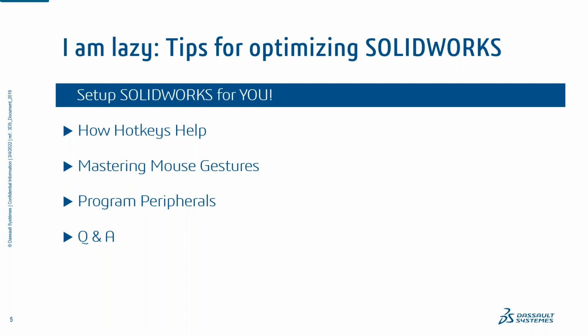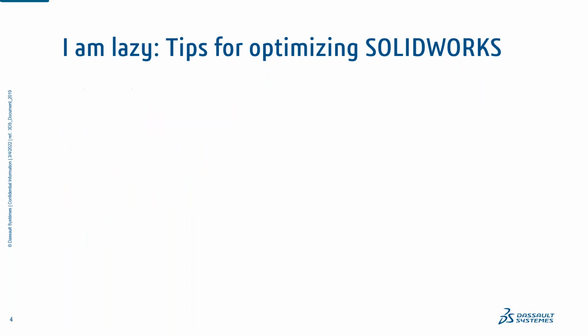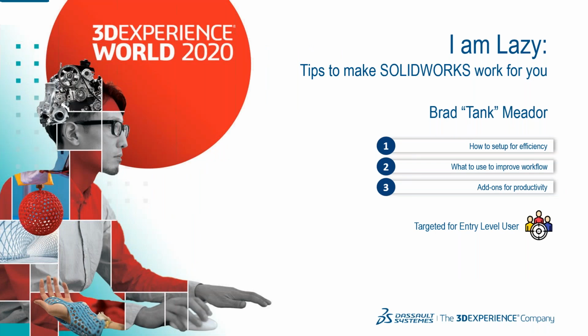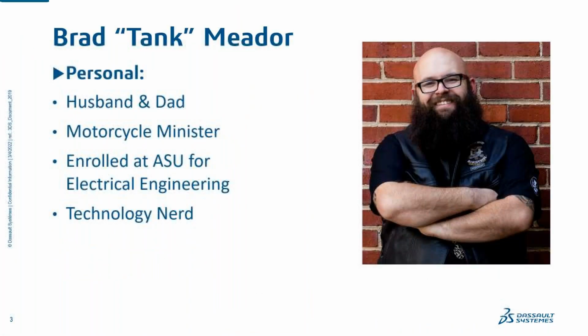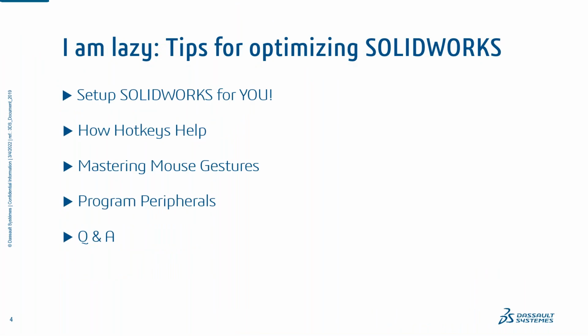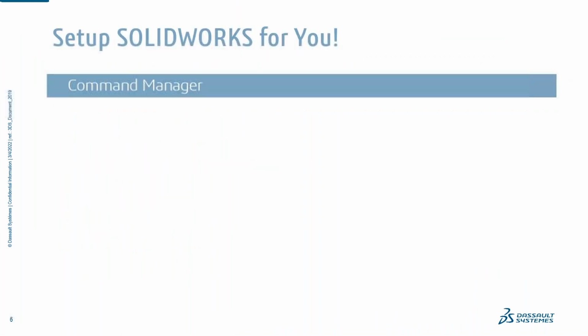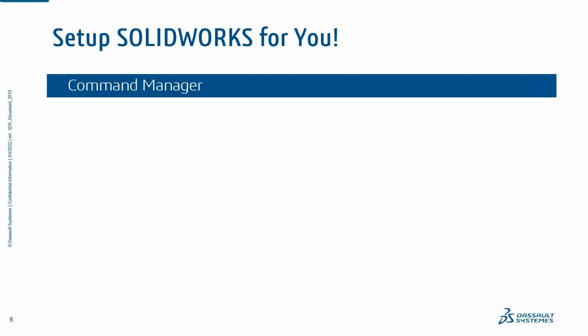It comes defaulted from the provider, or even set up by the company you work for. You get your phone, and you get your software, and it's usable out of the box, but I like to say, why limit yourself to just that? Why don't you set it up to work for you? Set the things that you need, and take the things that you don't need out of the software.